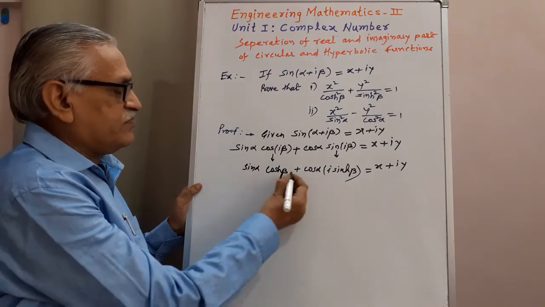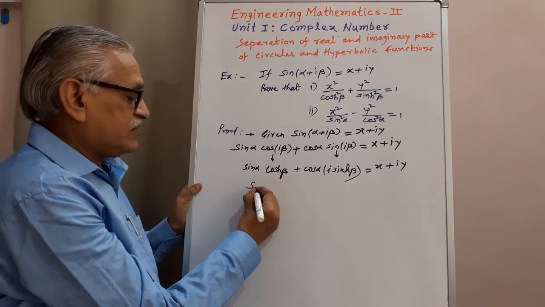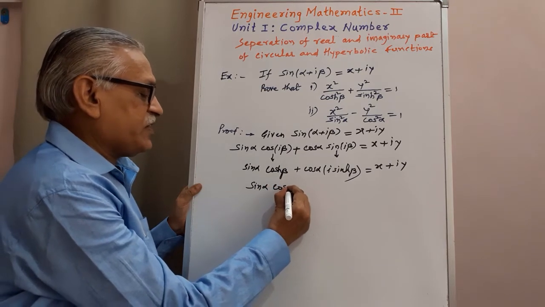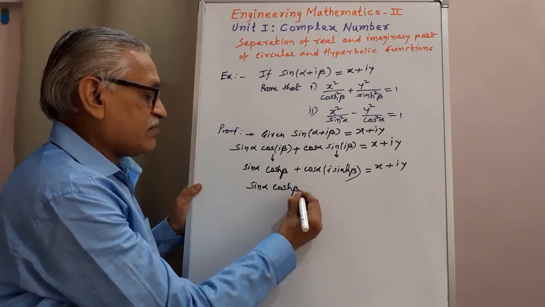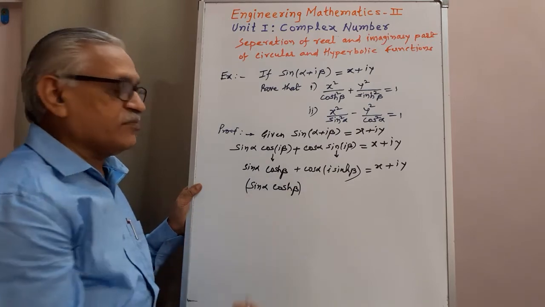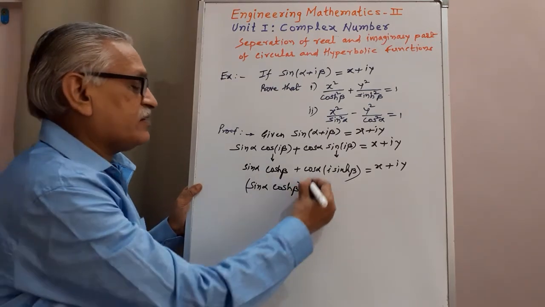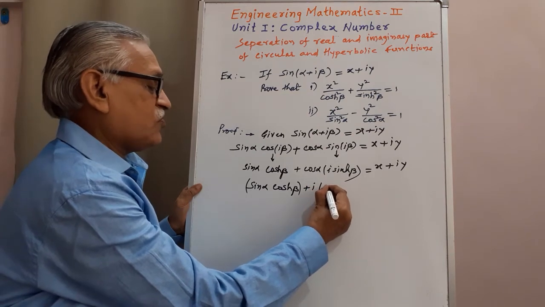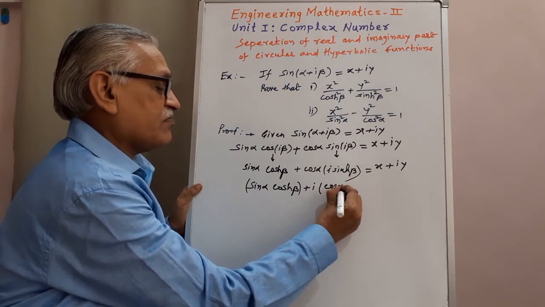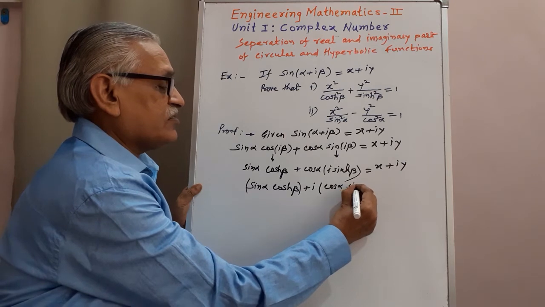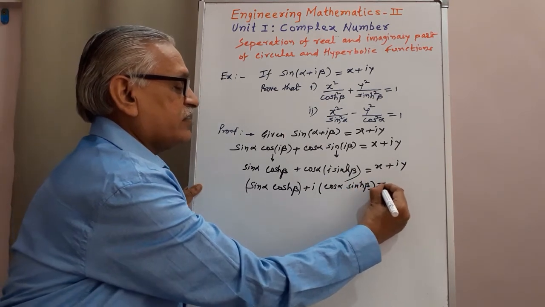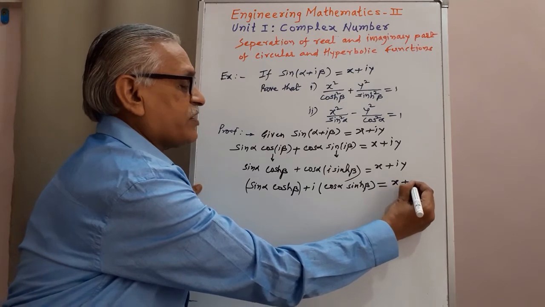Rewriting this term, we get sin alpha cosh beta as the real part, i times the imaginary part is cos alpha sinh beta, and is equal to x plus iy.